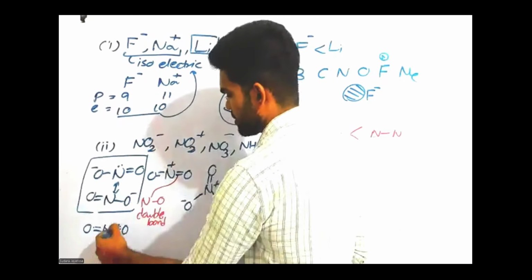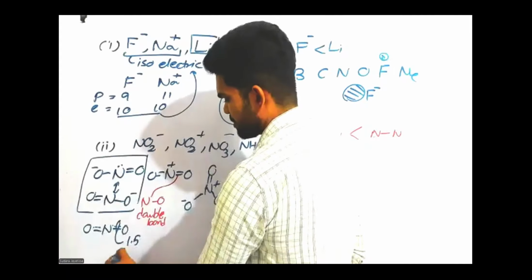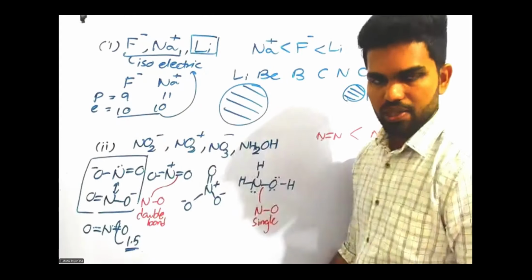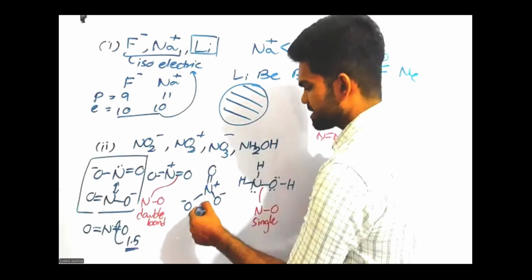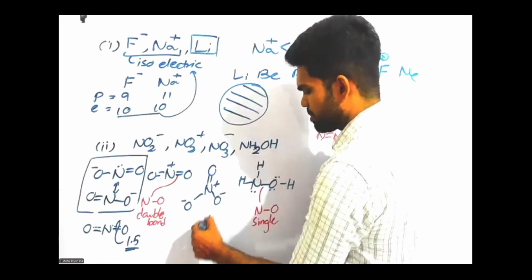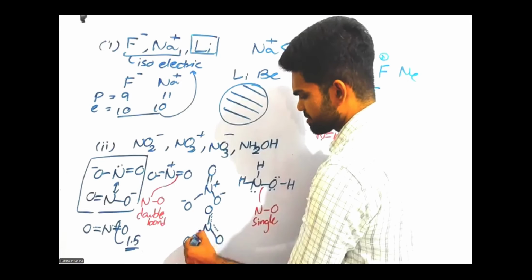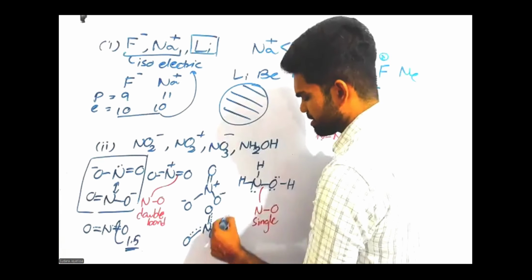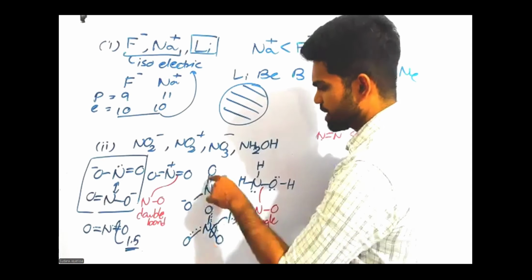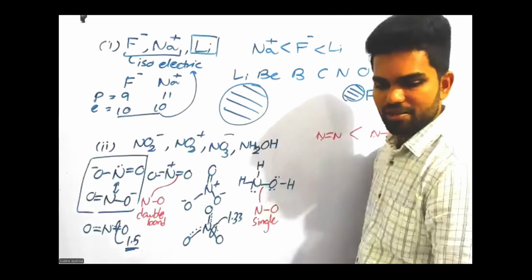Remember, we can put bond order 1.5 for this one. But if you apply the same thing for NO3 minus, the bond order is going to be 1.33, because this pi bond is divided among 3 places.